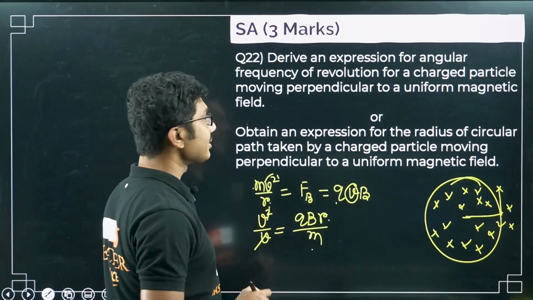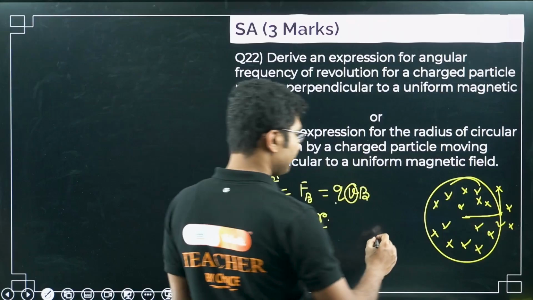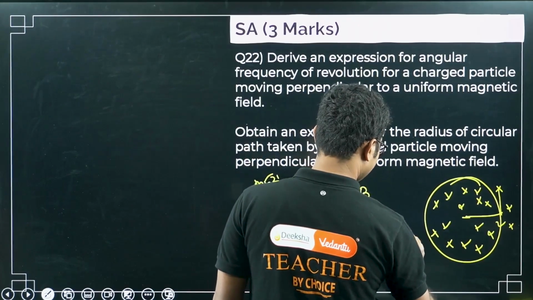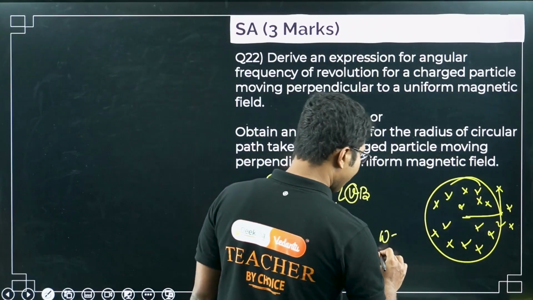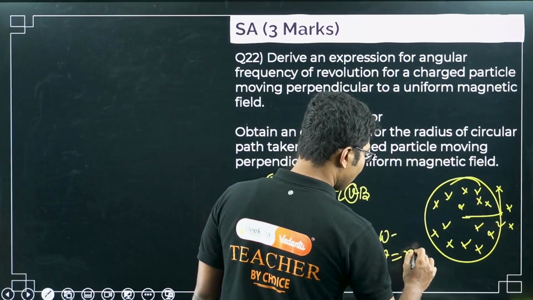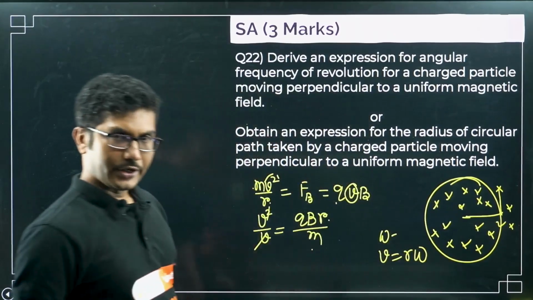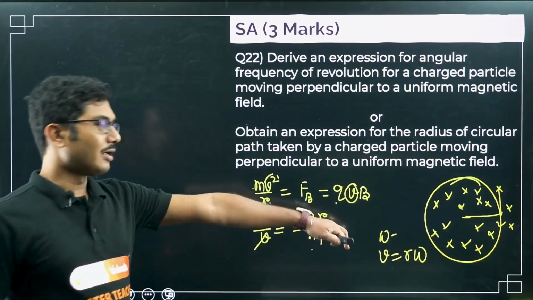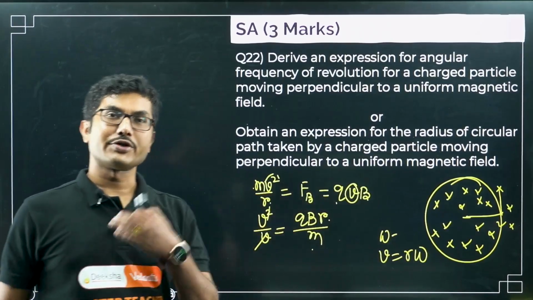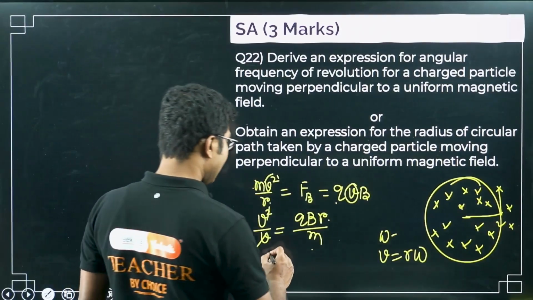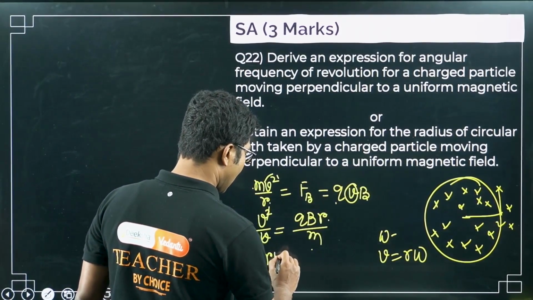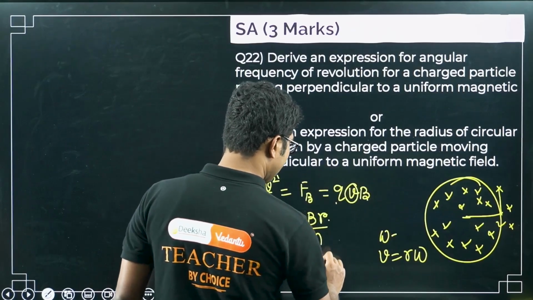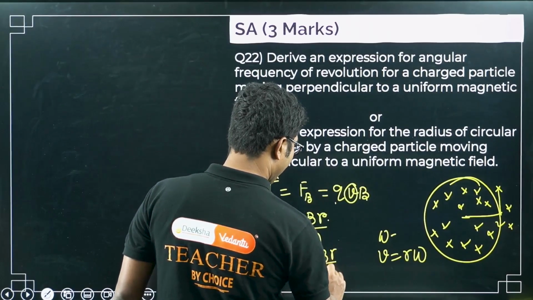Now what is angular velocity? Angular velocity is given by omega. Now we know that v is equal to r omega. This is a thing that we have learned in our rotational motion chapter. So r omega is equal to qBr by m.